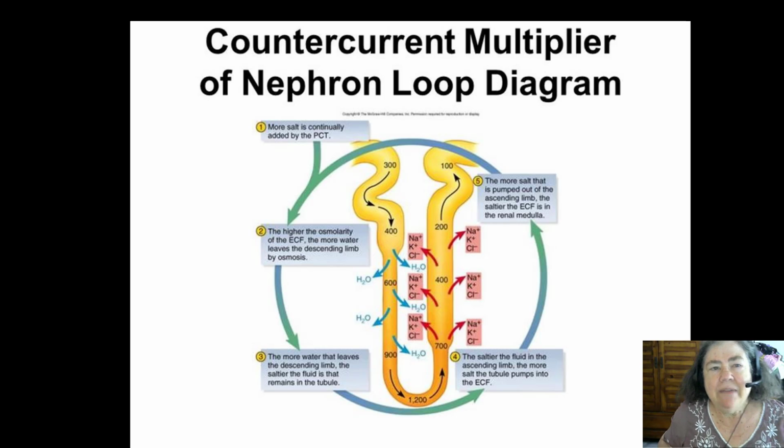So here we have a diagram that is illustrating this countercurrent multiplier. And I want to maybe go a little bit backwards as we talk about it. You can see that we have fluid coming in from the proximal convoluted tubule, and it's traveling into the loop of Henle, which has a thick descending, a thin descending, a thin ascending, and a thick ascending.